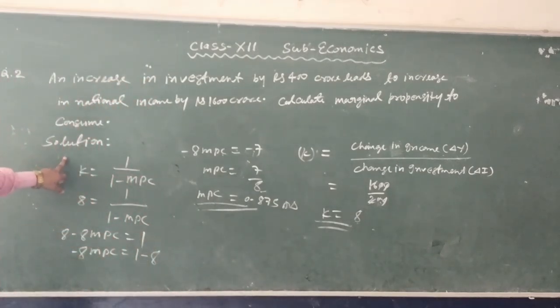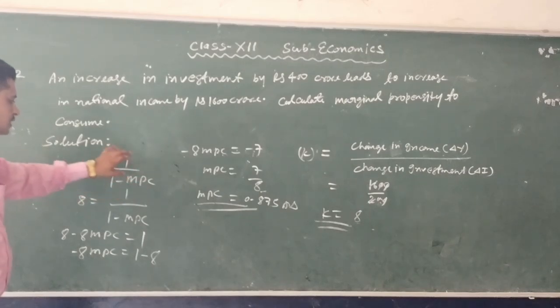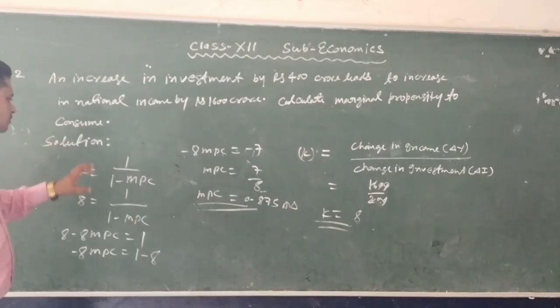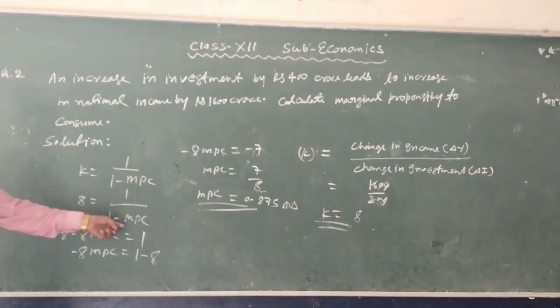Again, investment multiplier is equal to 1 upon 1 minus MPC, which shows the relationship between investment multiplier and marginal propensity to consume. In this equation, we put the value of investment multiplier. Cross multiply, we get 8 minus 8 MPC equal to 1.